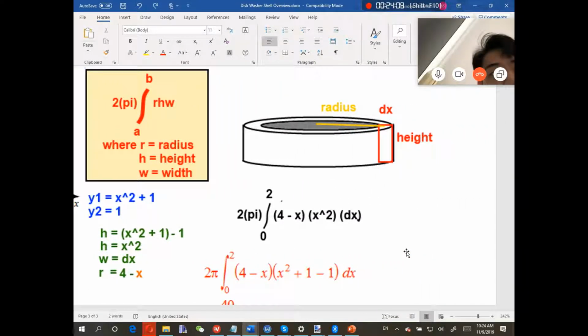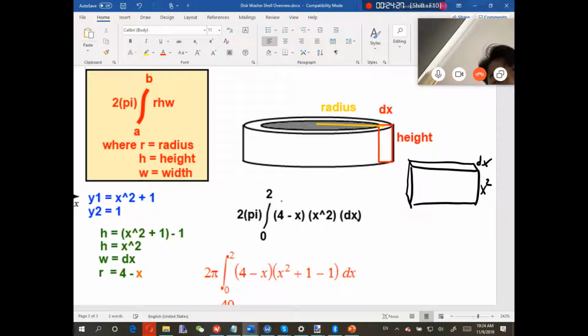Okay, so here's what our shape looks like, our toilet paper roll. If we unfurled that toilet paper roll, I would get a box with a change in x for my width, a height of x squared, that was the difference in my two y values, and a base of 2 times pi times my radius, which was 4 minus x right now.